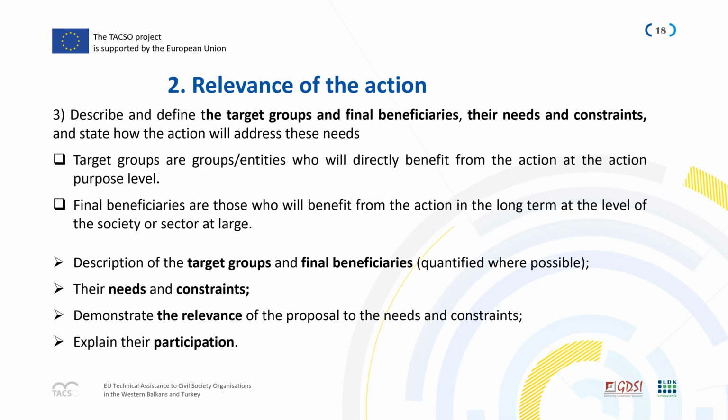Let's give you one example from practice. I was providing technical assistance under one grant scheme, and I received a request from one grant beneficiary for the modification of their grant contract in relation to the target group.